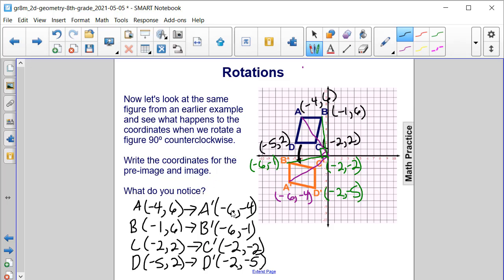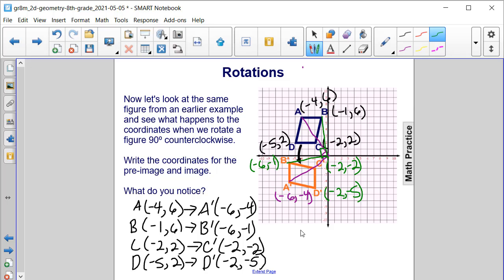Well, I started to see a pattern as I started writing, especially after I got the second one done. Notice these X and Y coordinates, it looks like they switch spots, like -4, 6. You switch the 6 and 4 around and it looks like the first coordinate is now negative, whereas all the rest stayed the same.